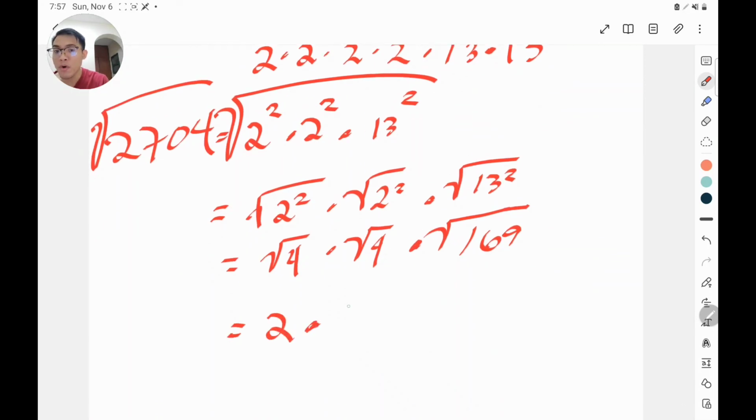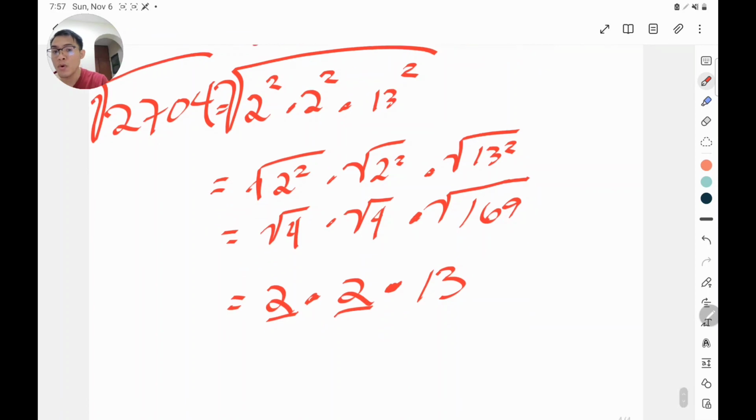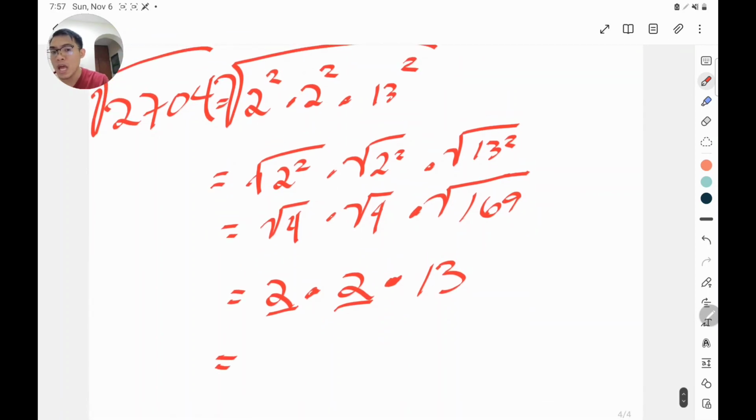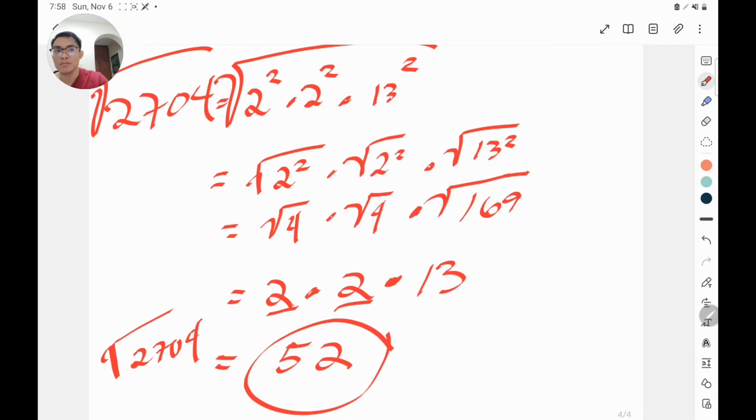The square root of 4 is another 2 again, and the square root of 169 is 13. Now all we have to do is multiply 2 times 2, which is 4, times 13. That would equal 13 times 4, 26, 52. So basically, the square root of 2704 is equal to 52.